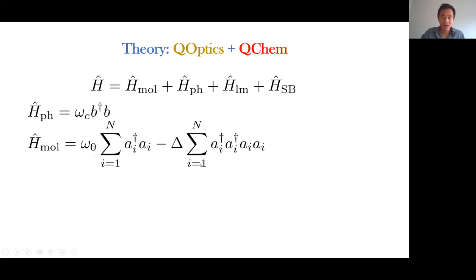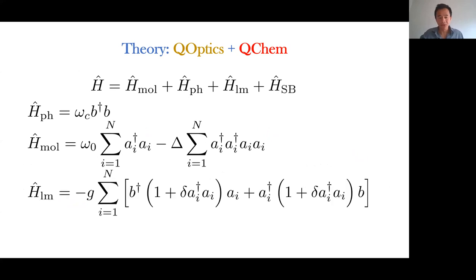The molecules are anharmonic, where this delta is so-called mechanical anharmonicity, which means that in the vibrational ladder, the higher that you go up in the vibrational ladder, the smaller and smaller the optical transitions become. So like a Morse oscillator. And the light matter coupling also has so-called electrical anharmonicity, where as you go upper and upper in the vibrational ladder, the vibrational transitions become weaker and weaker or stronger and stronger.